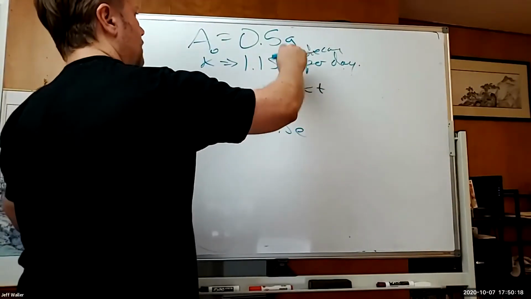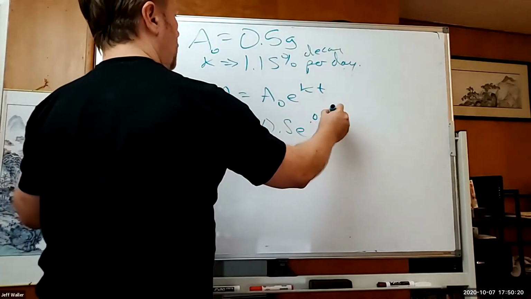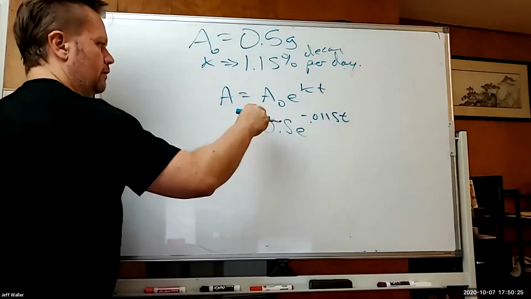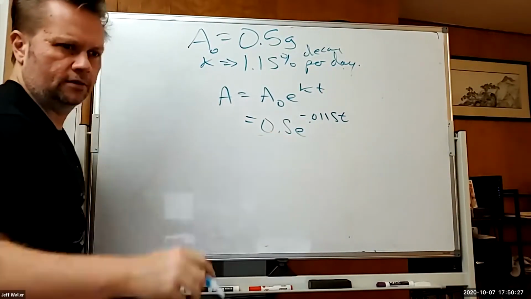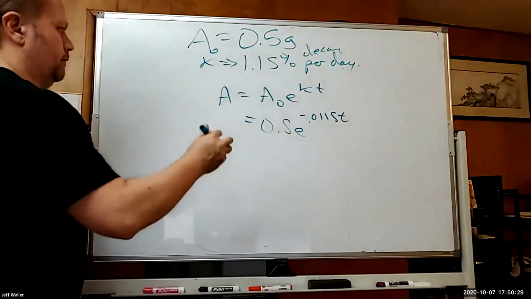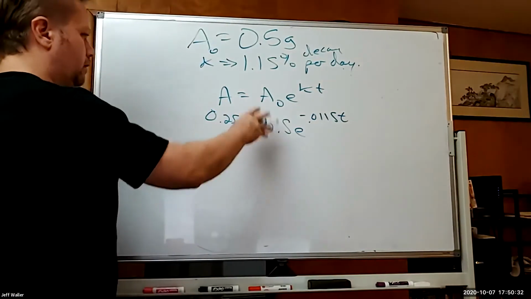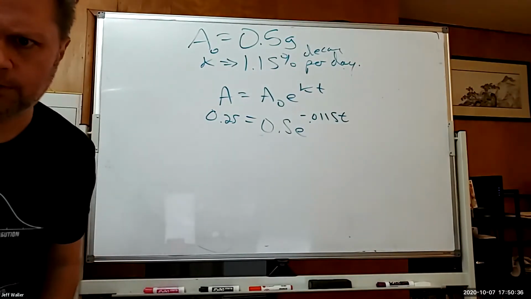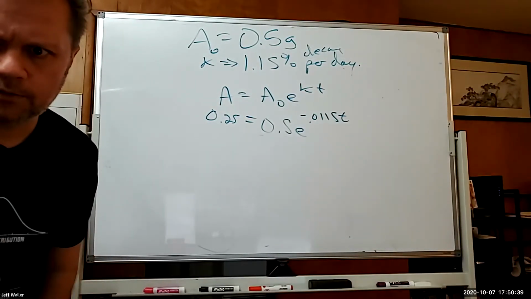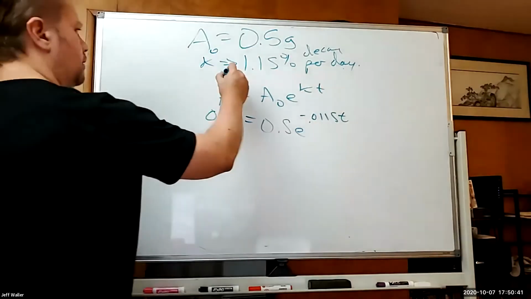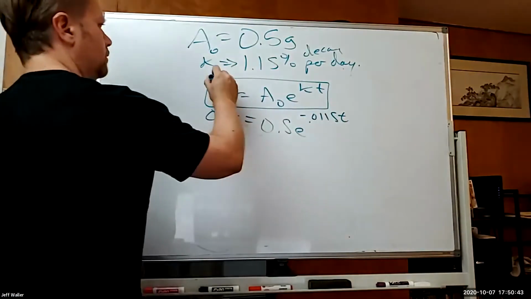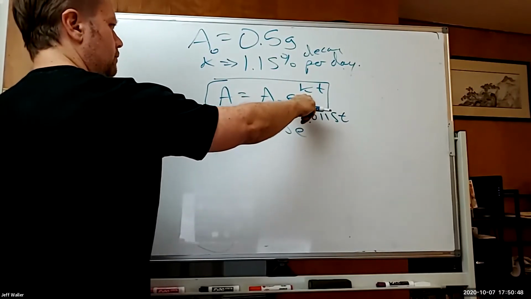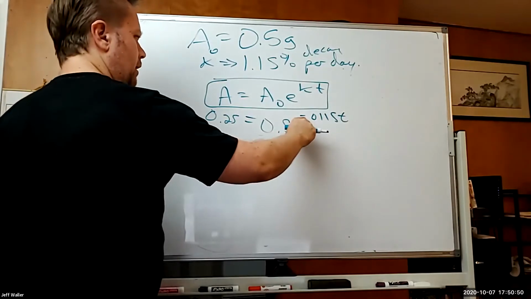You know K is negative 0.0115. And you know you want to end up with half of this, right? That's the question. How long would it take for half? So then you just solve that for T. Is that all right? So you really just had to go back and remember the model that this fits into. K is the growth or decay rate. Of course, if it's decay, it makes sense it's going to be negative.